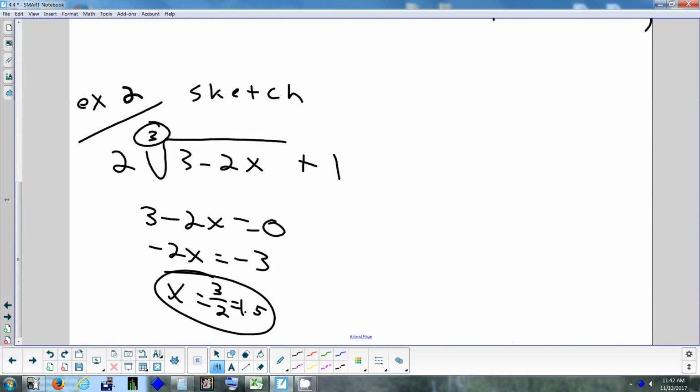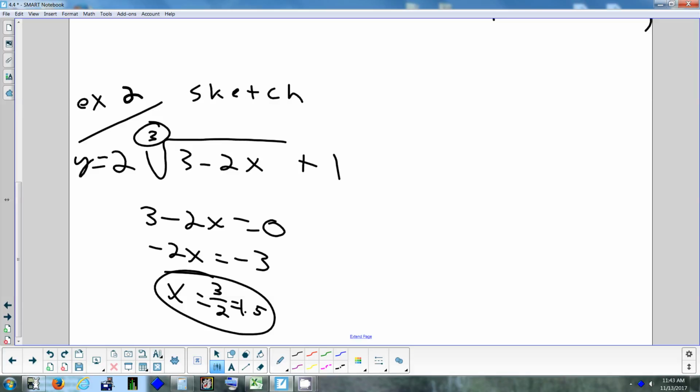What do I do with that number to get the y value? Plug it back in for x. Okay, so let's plug in 1.5. What's 2 times 1.5? 3. What's 3 minus 3? 0. Well, we already knew that it was going to come out to 0, because that's what we just solved. So when you plug it back into the radicand, you should always get 0.